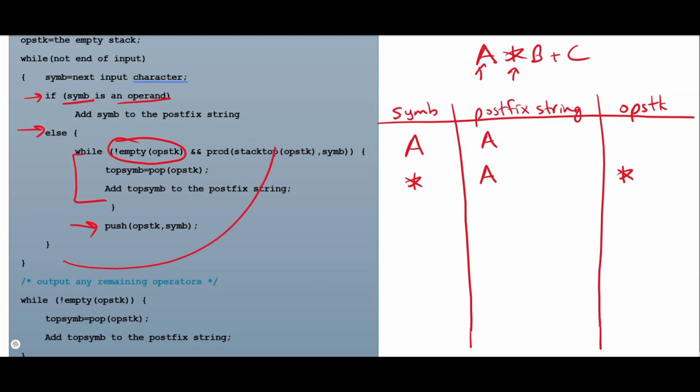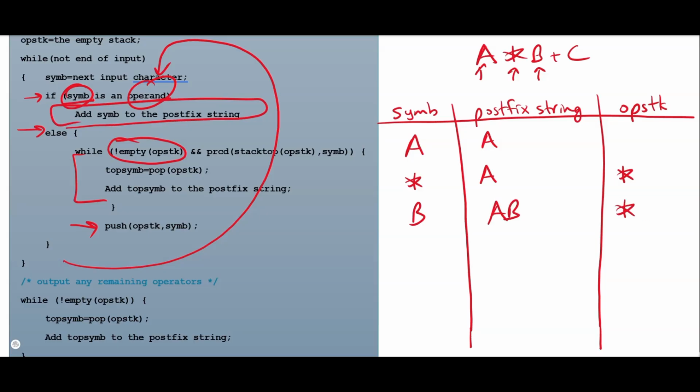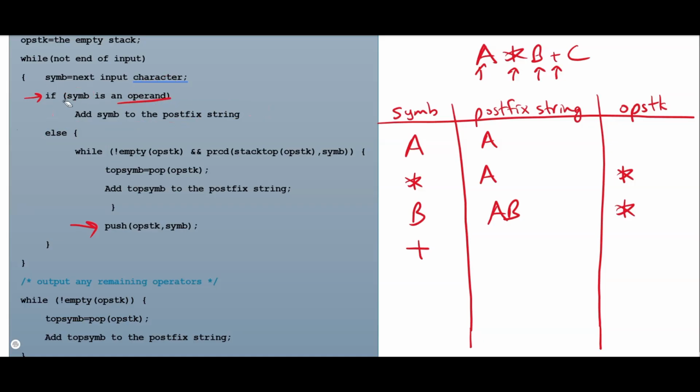Then next loop cycle and the next character is B. B is an operand, so I will add it to my postfix string. A, B, my stack is the same. Then next loop cycle and the next character is plus. Now, what happens? Plus is an operand?